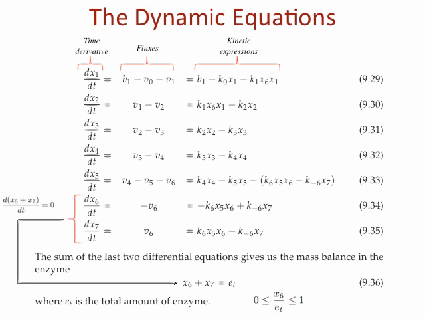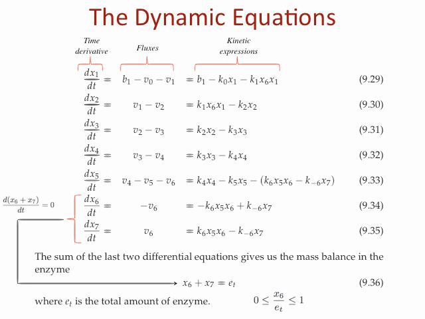So this is a pool, this is time invariant, and X6 is the part of the pool that carries out the catalysis. So we are interested in knowing what fraction of the overall enzyme is in the active form. And that'll be the fraction shown there, and it'll vary between 0 and 1.